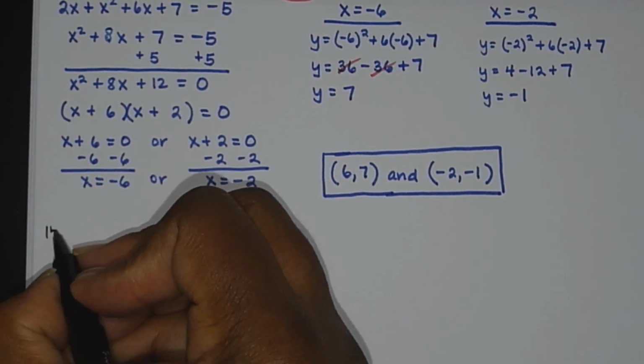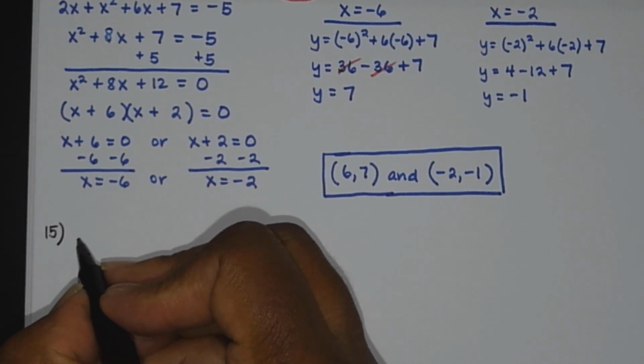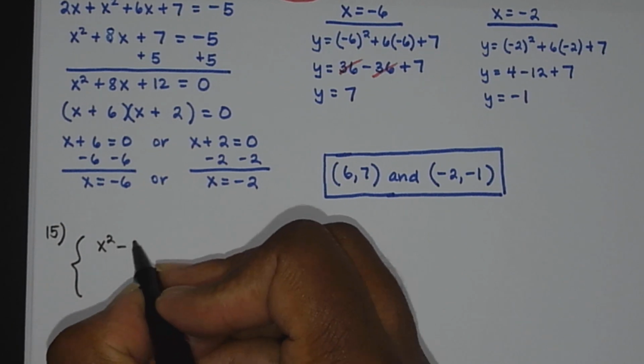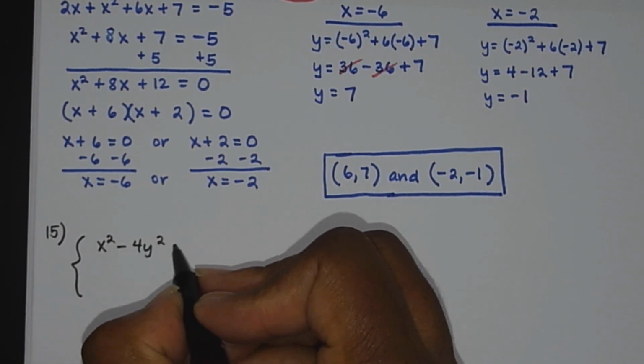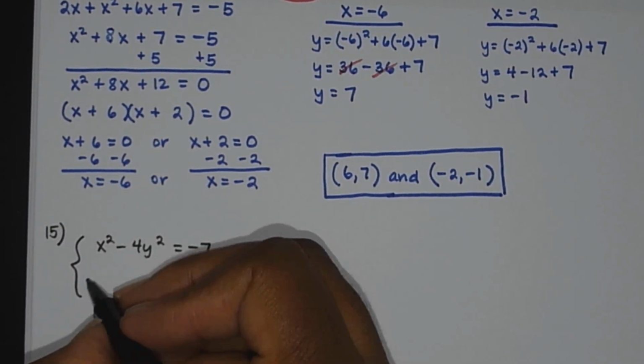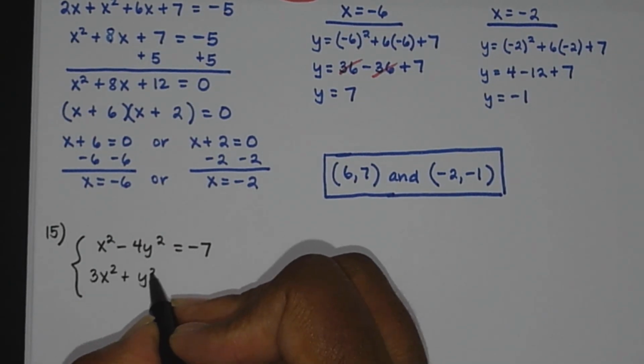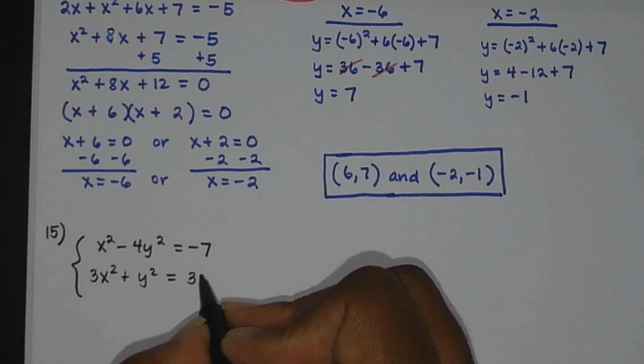And here we're going to solve this by using the addition method. So in this case here, we got x squared minus 4y squared is equal to negative 7. The other equation is 3x squared plus y squared is equal to 31.